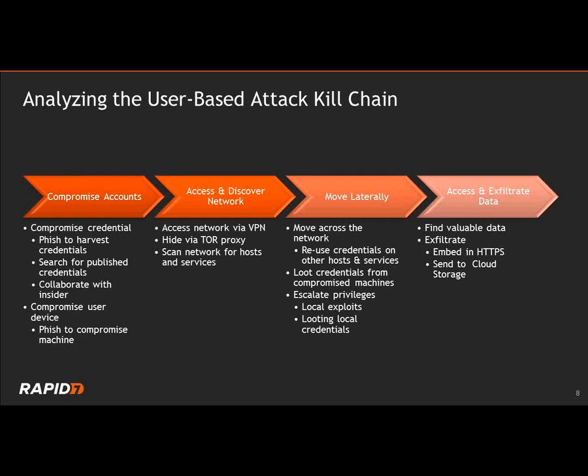Let me give a concrete example to tell you how this works. For example, you could send out an email to say, hey, we've now got this new web portal for reading your emails, and you send people a link to your own server that hosts a fake version of Outlook Web Access. You tell people, hey, just use your domain credentials to log on, and they log these credentials and then use that to actually access the network.